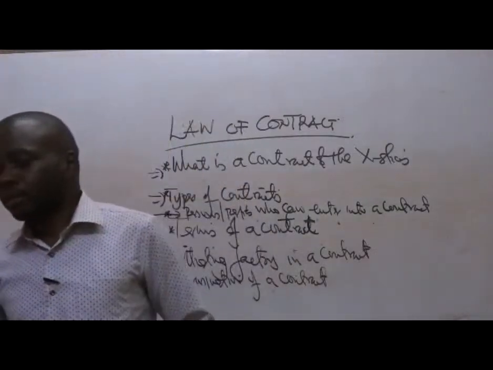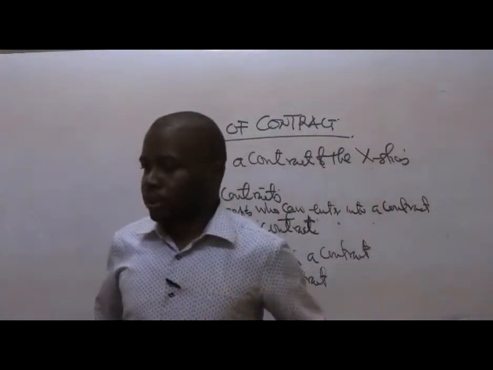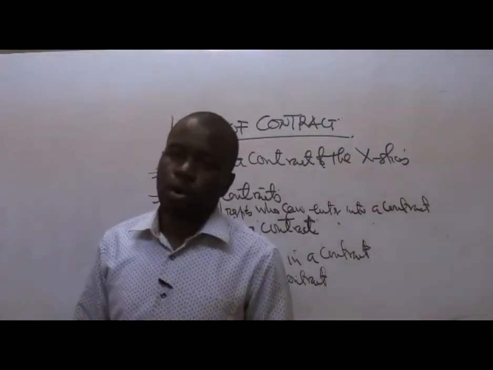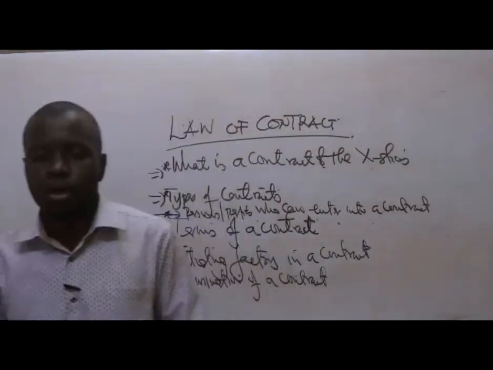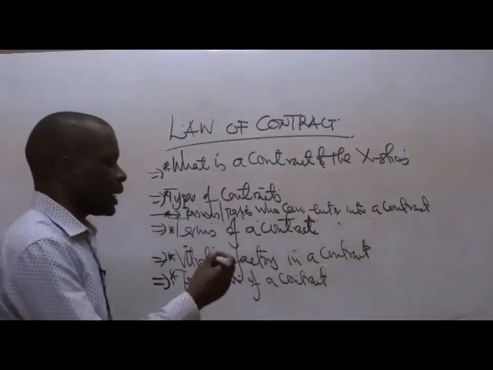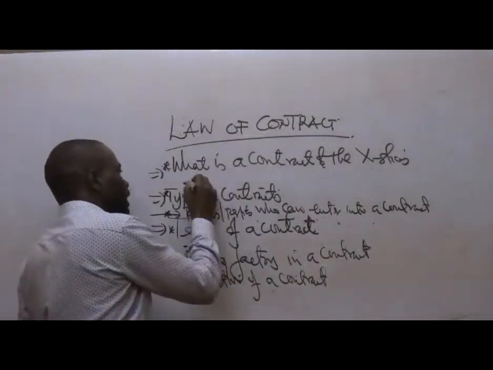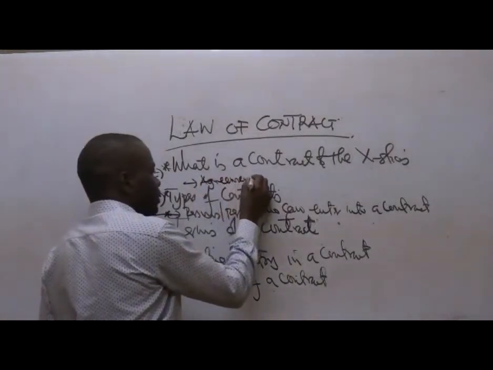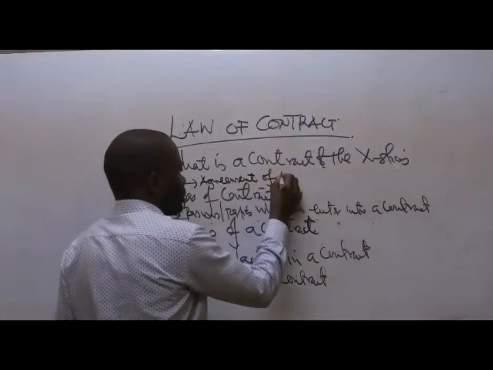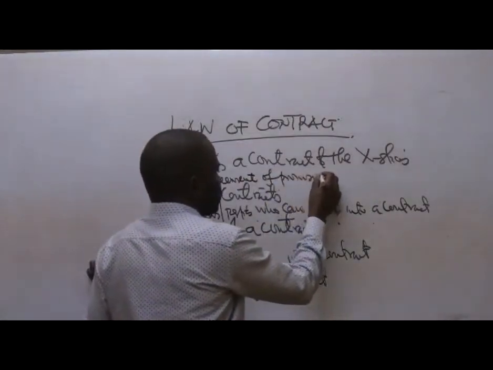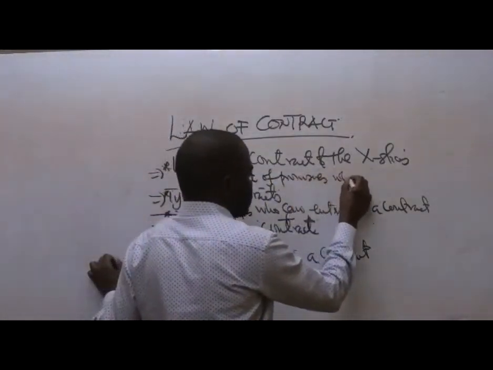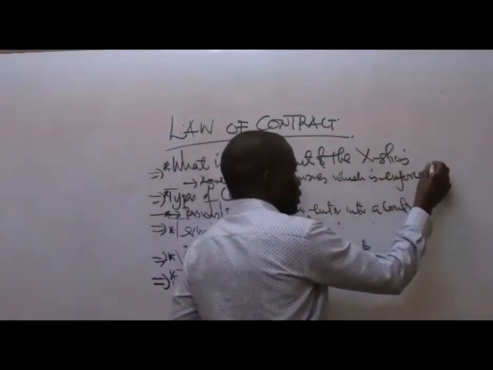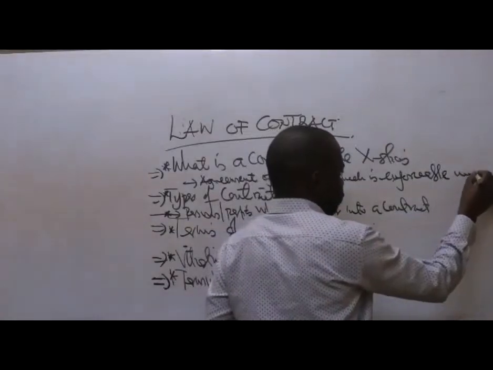So a contract is simply an agreement of promises which is legally binding, or enforceable by law. An agreement of promises which is enforceable under the law.